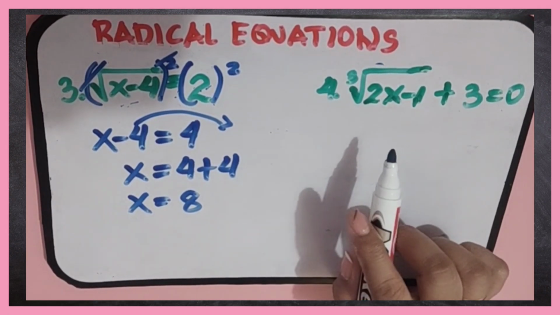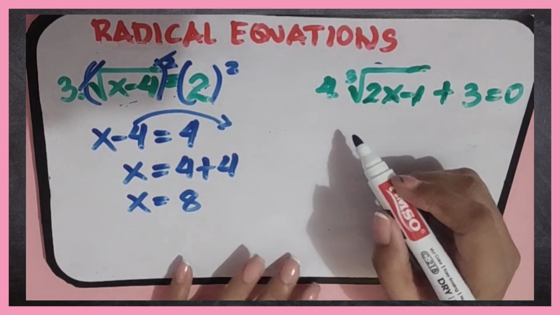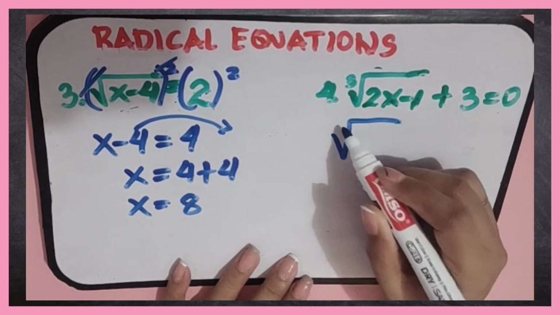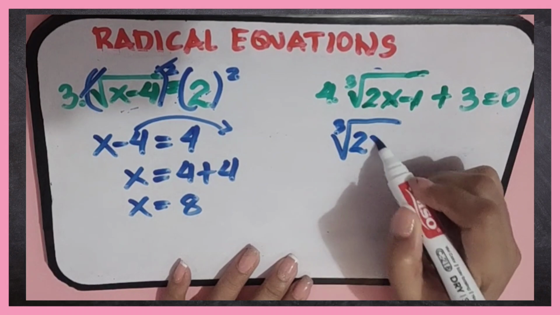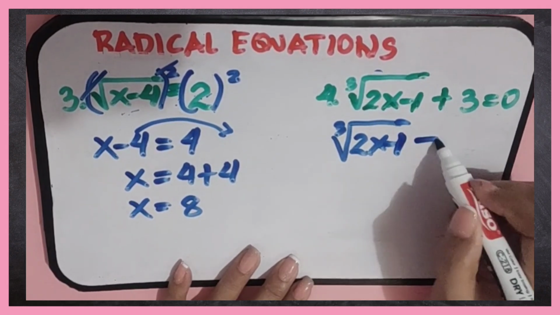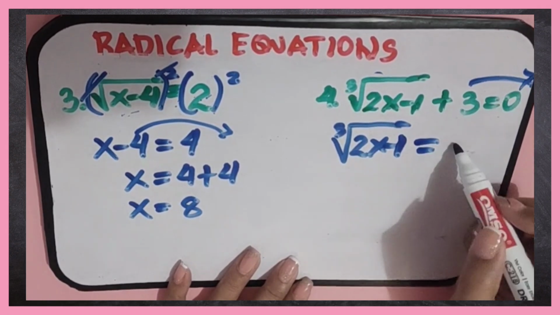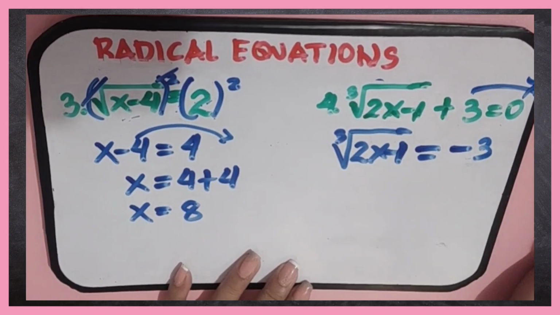Now let us solve number 4. First, isolate the radical, then get the cube of both sides. So transpose positive 3 to the right side of the equation, it becomes negative 3.